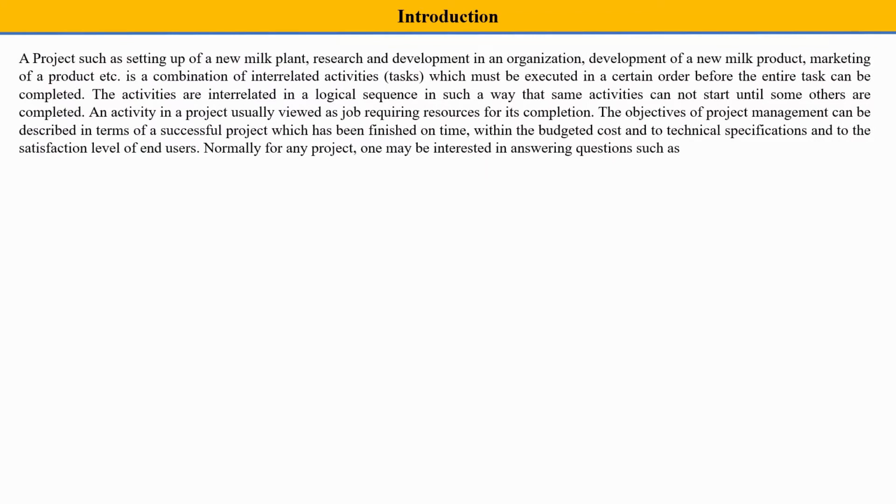Now, for the introduction: a project such as setting up a new milk plant, research and development in an organization, development of a new milk product, or marketing of a product is a combination of interrelated activities, or you can say tasks, which must be executed in a certain order before the entire task can be completed.